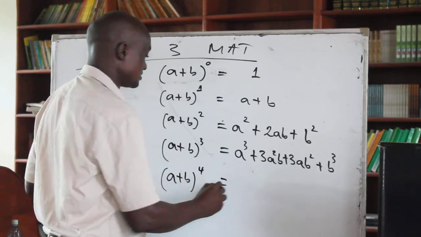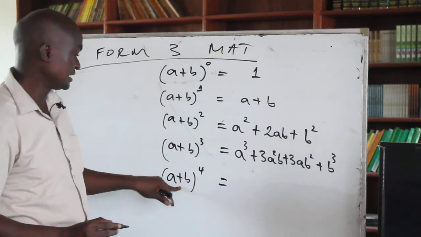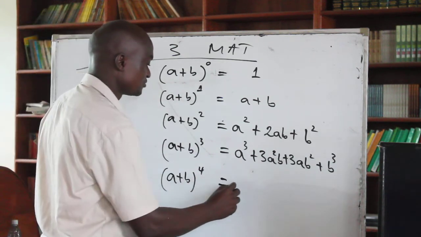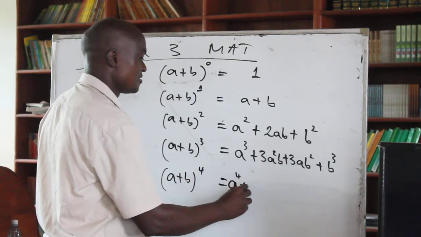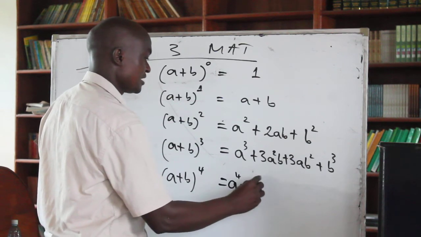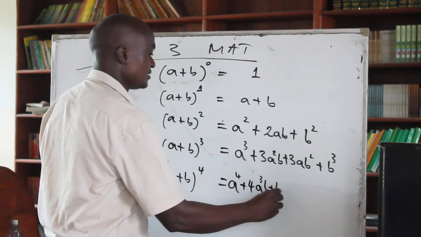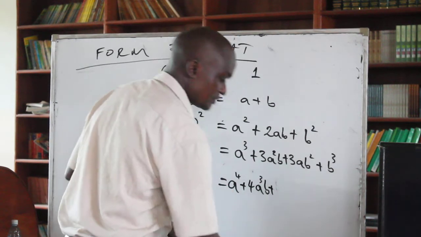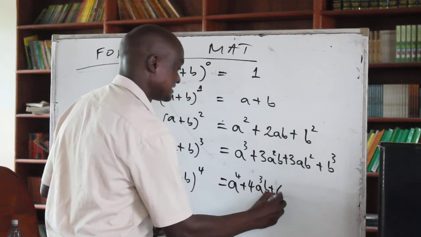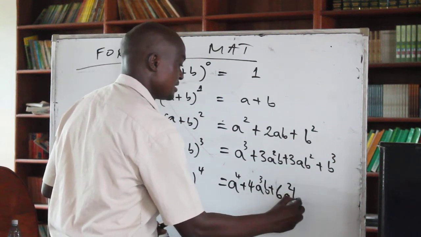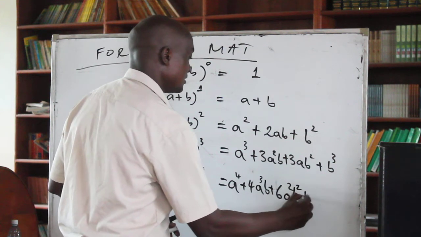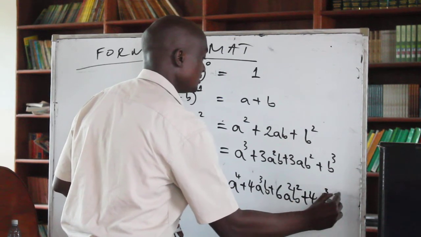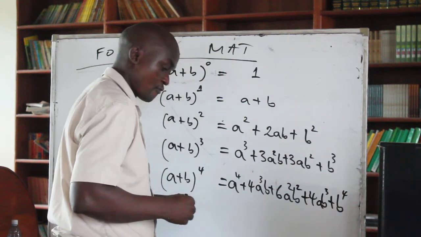A plus b, the binomial expression raised to the power of 4, and we saw that this one would be a power 4 plus 4 a power 3 b plus 6 a squared b squared plus 4 a b cubed plus b power 4.